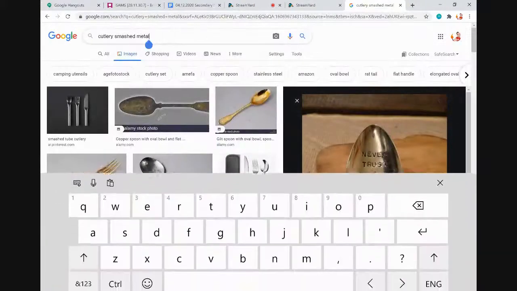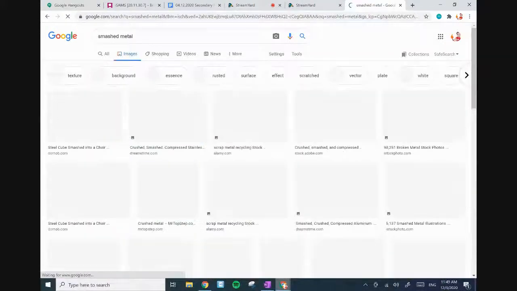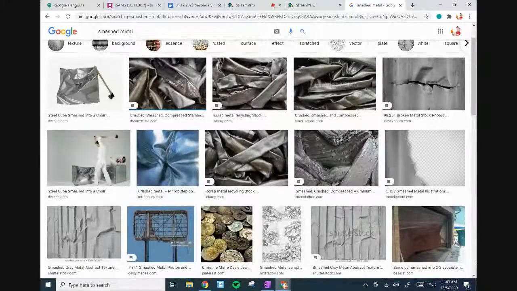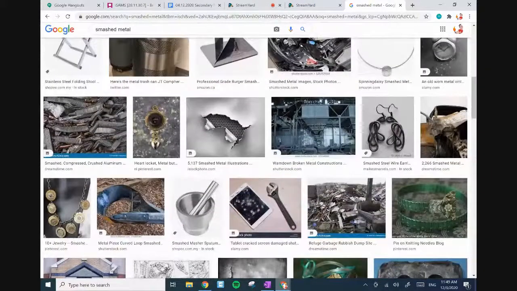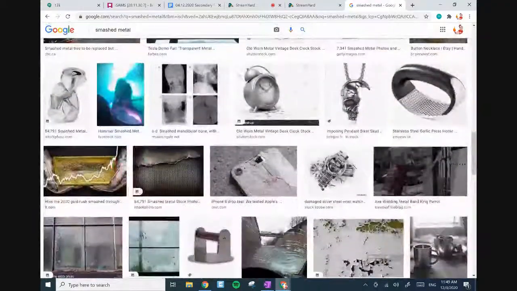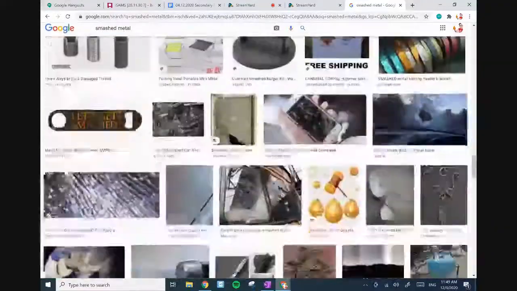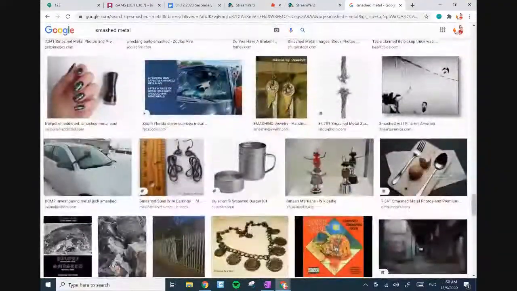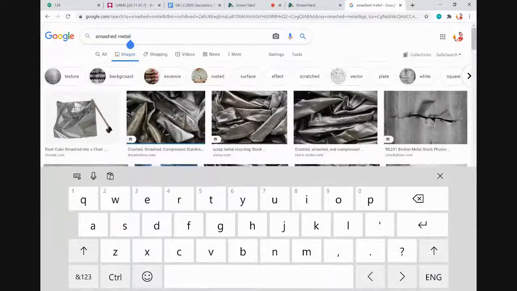Let's see if I can find a better example. Let's do smashed metal. That's bending, so that's not high carbon steel. What we want to see is when something cracks, when something actually shatters. I will be able to find one. Let's go smashed metal train wheel.